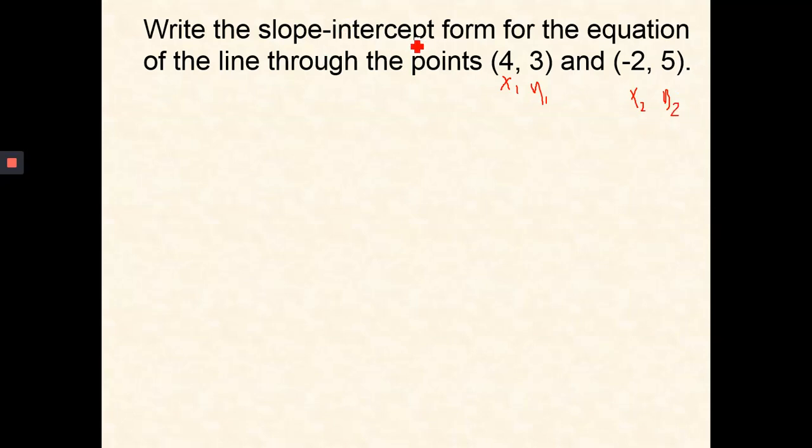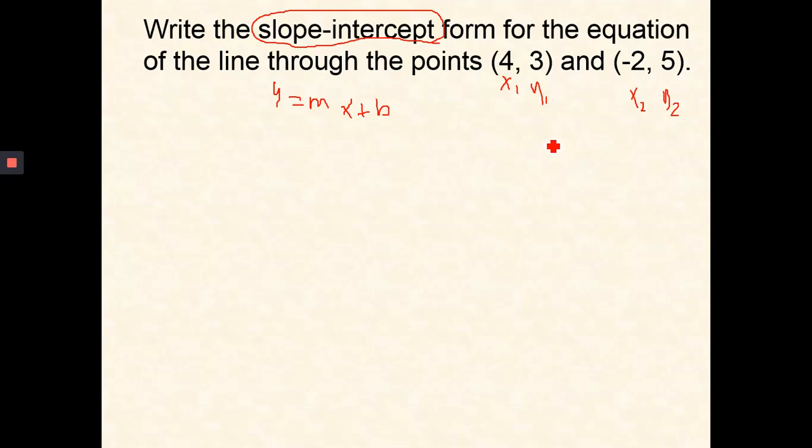What was the instruction? Give your answer in slope-intercept form. Oh my goodness. Can you still remember your slope-intercept form? That is y is equal to mx plus b. Okay? So before that, we need to find first your m.